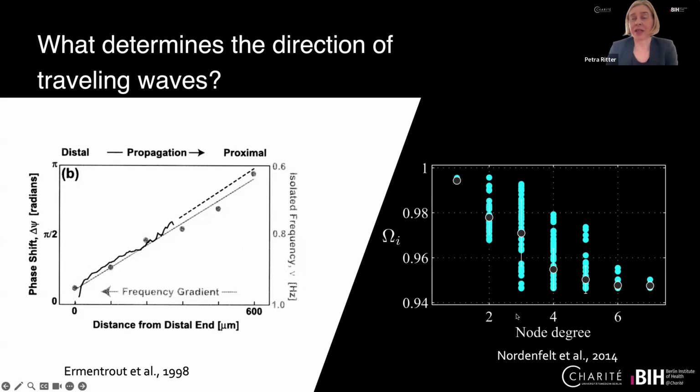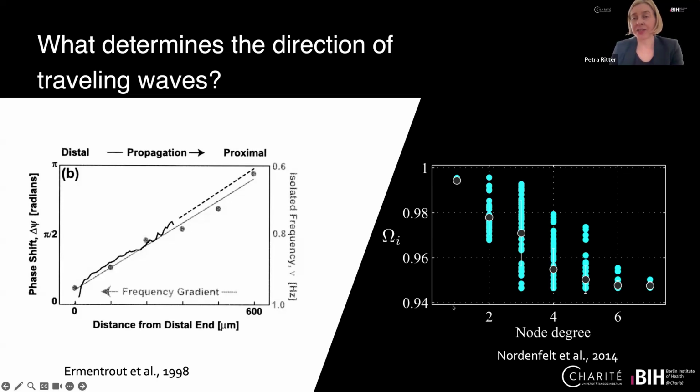So if you have a network of coupled nodes or oscillators and you modify the in-strength or the number of incoming connections, then this differential number of incoming connections also modifies the intrinsic frequency. As you can see here, the higher the node degree, the higher the number of incoming connections or connection strengths of this node, the lower is the frequency.